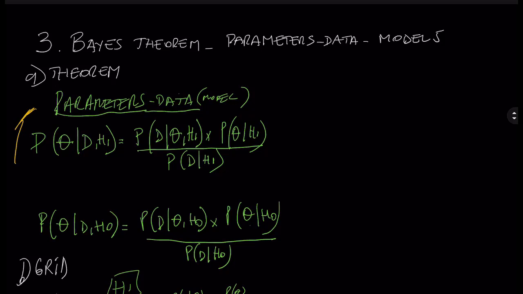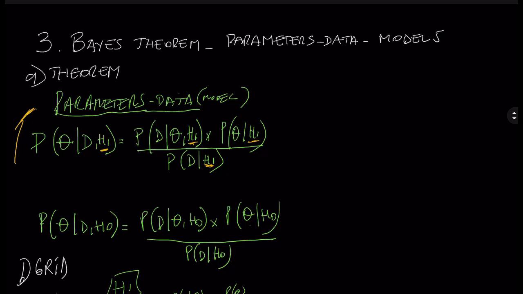Now, this looks like the parameters-data form, but you see here that you've got an H1 there, an H1 there, an H1 there, and an H1 there. What's this H1? Well, this is a model. In this case, we call it H1 because it's the model of the alternative hypothesis.